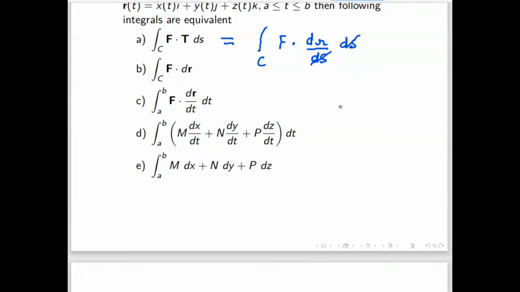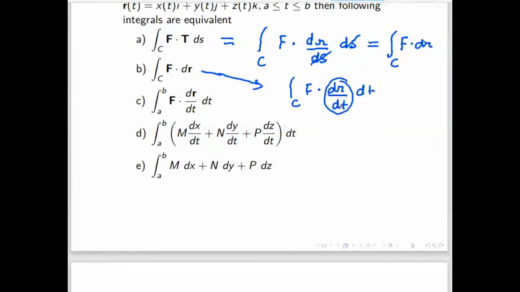So this is same as B, so we'll get f dot dr. So A and B are same. From B, this one, it is same as f dot dr. If you write dt here and multiply by dt here, then it will become the part C. So A, B, C are equal.